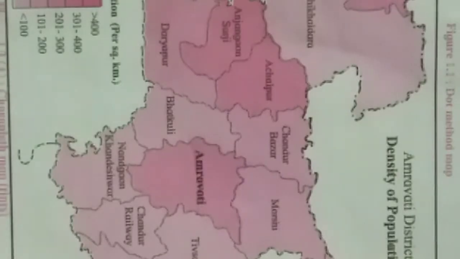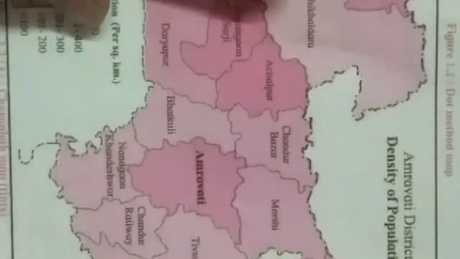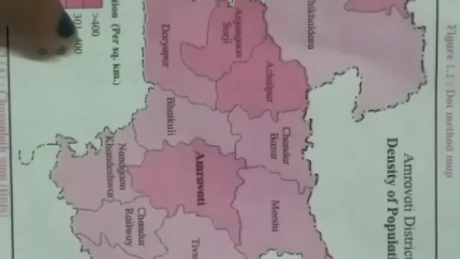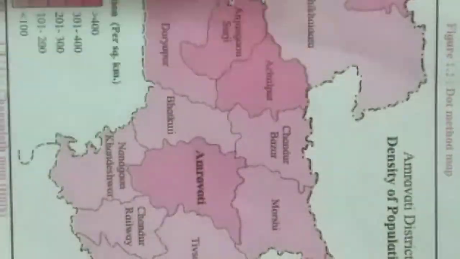So how will you find? You will see the color. It should be the same color, okay? You have to see the color and according to the color, the range given here is 301 to 400. So you have to see here and choose the answer from the map.